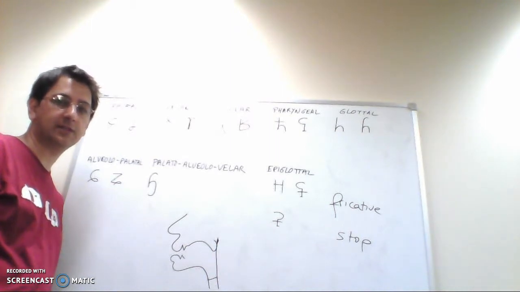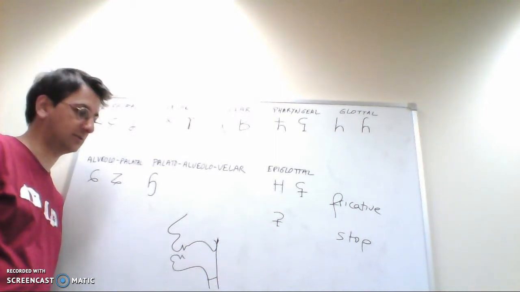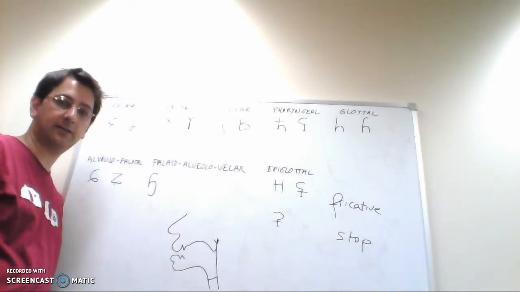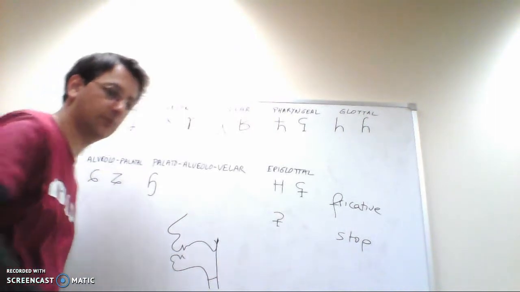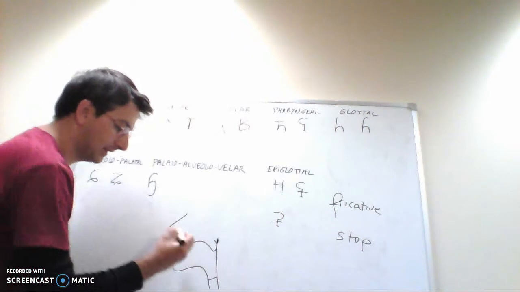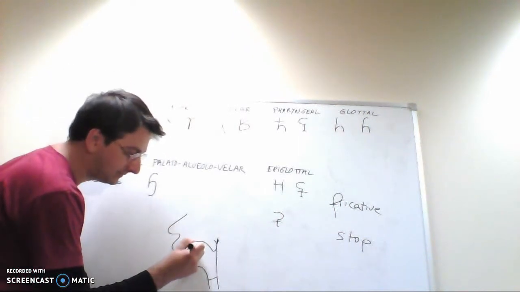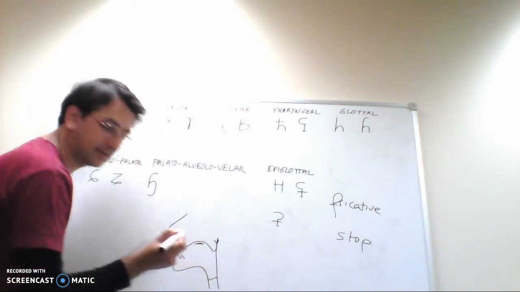To pronounce it, you have to produce a narrowing in the middle of your mouth, in the palatal region. So that would make a constriction around this area, right?